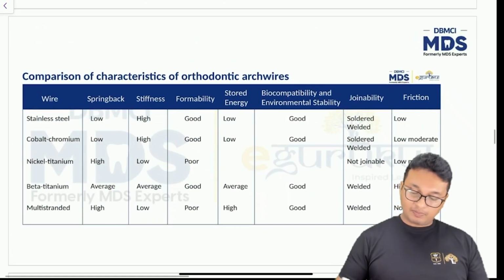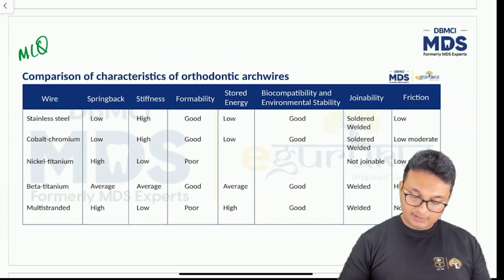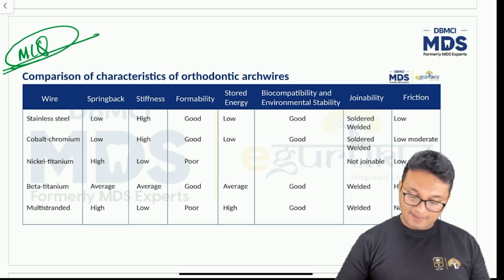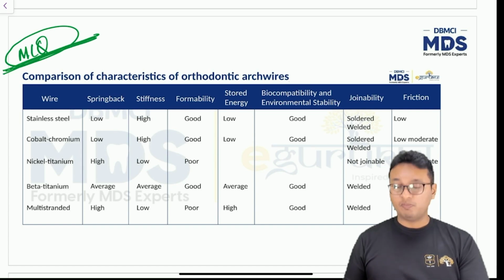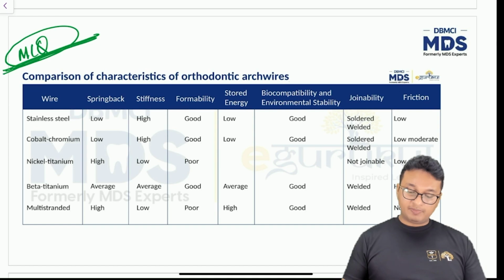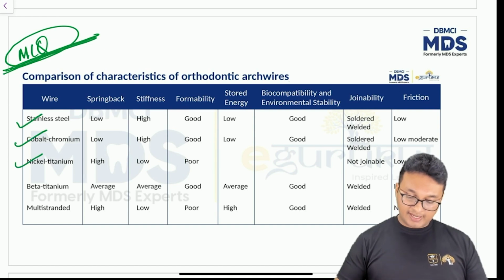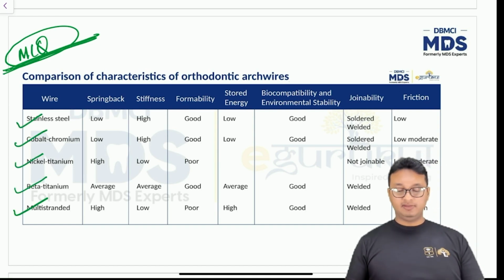Now this is an important table again, and I have seen application based MCQs coming out of this very table. We have different physical properties compared based on the composition of the wire. So we are comparing stainless steel, cobalt chromium, nickel titanium, beta titanium, and multi-stranded wires.